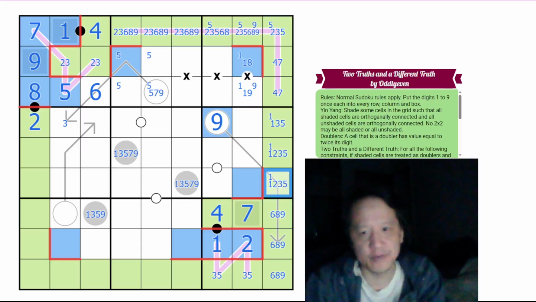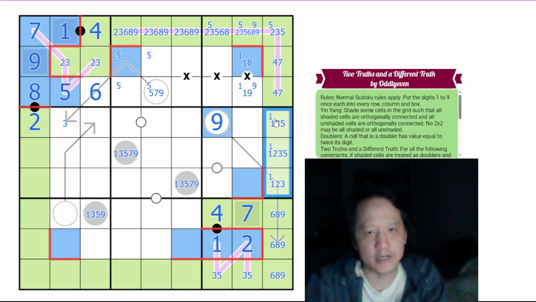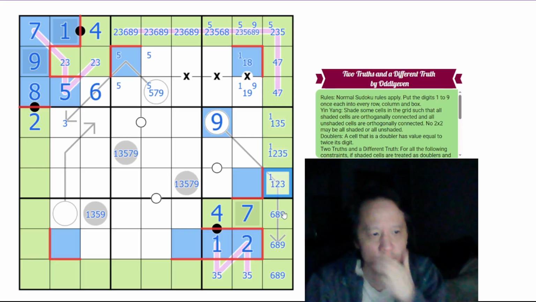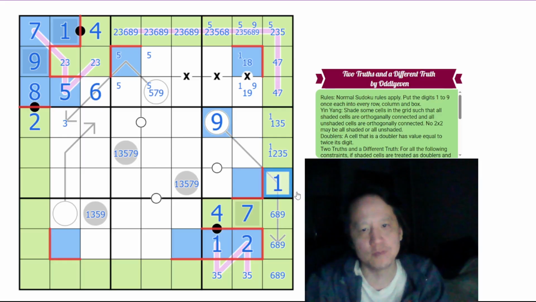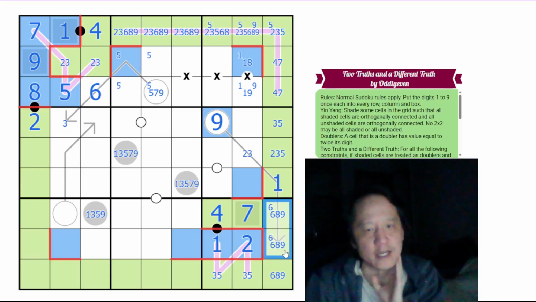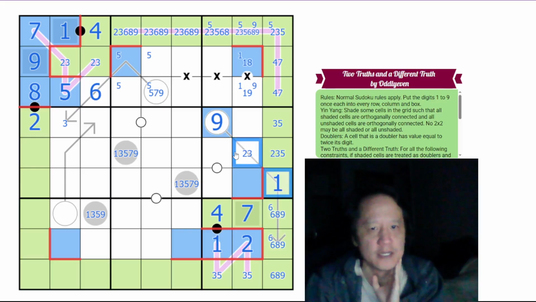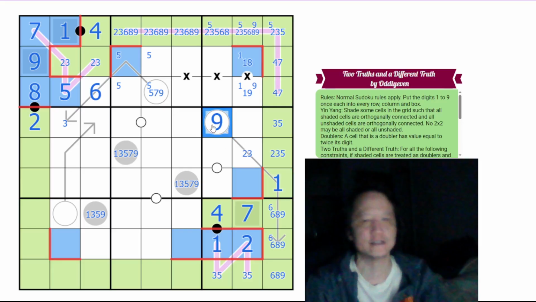It cannot be 5. 1 is guaranteed to be part of this because you can only have 1, 2, or 1, 3 here. So this is 1, which means neither of these could be 1, and this is 2 or 3 to add up with. This has to be 6 guaranteed because 8 and 9 already add up to 17, and 1 plus 2 add up to 3. That's 20, which is more than 9 doubled.